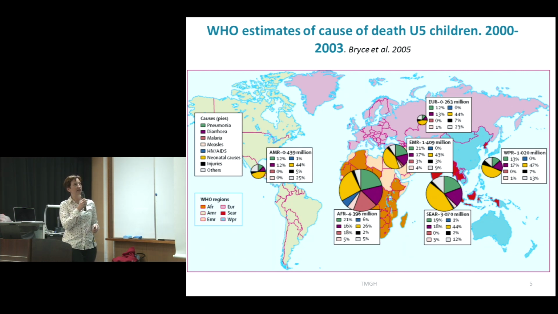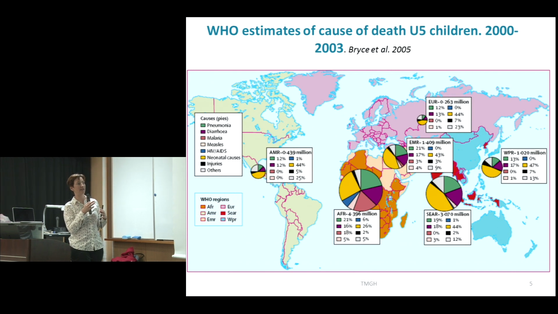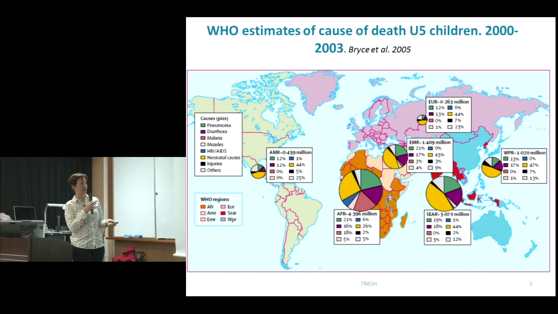So here we've got cause of death globally. This is analysis, I guess it's a little bit old now, but it hasn't changed much, unfortunately. Here the size of the circle is related to the total number of under 5 deaths, and then you've got the different colours.